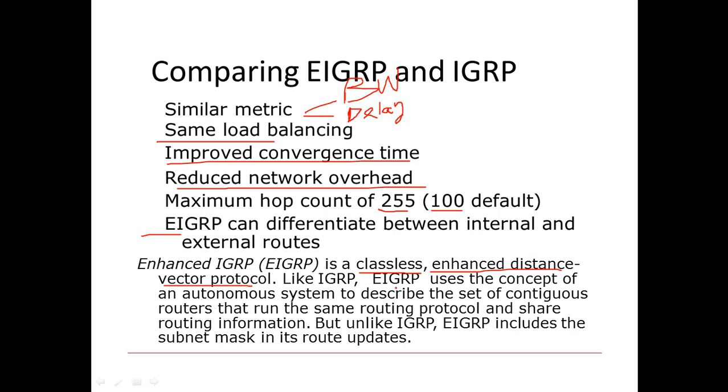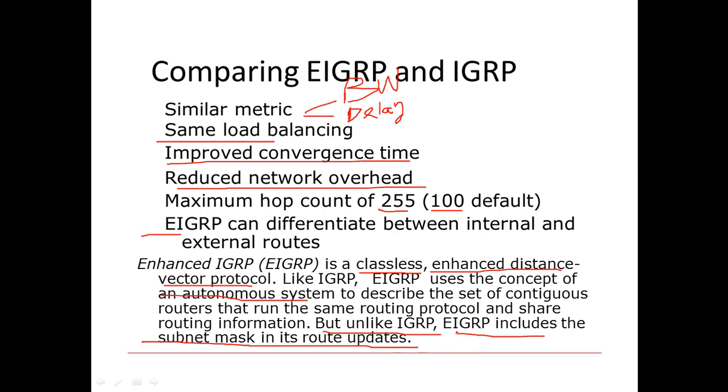Like IGRP, EIGRP also uses the concept of the autonomous system, whereas the RIP protocol, the Routing Information Protocol, does not use AS numbers. And unlike IGRP, EIGRP includes the subnet mask in its route updates.